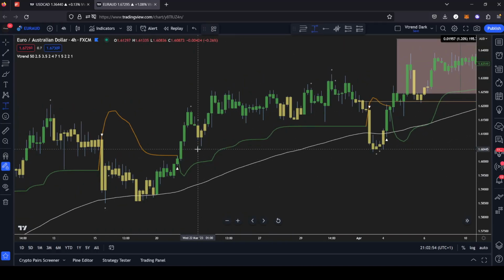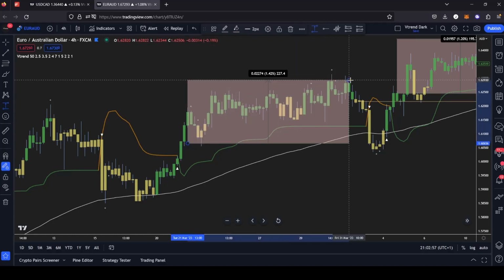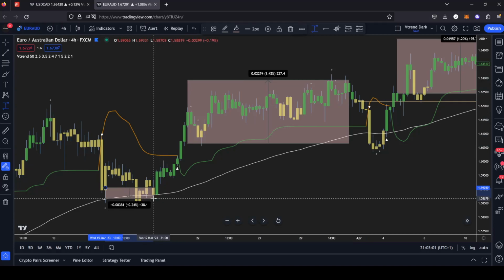Now we would have taken this one here. We would have taken this one here, but we would have been quite underwater for that one, sadly.